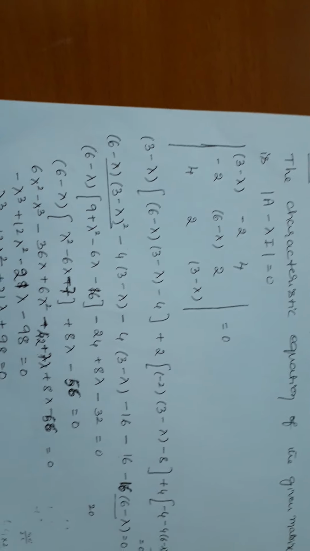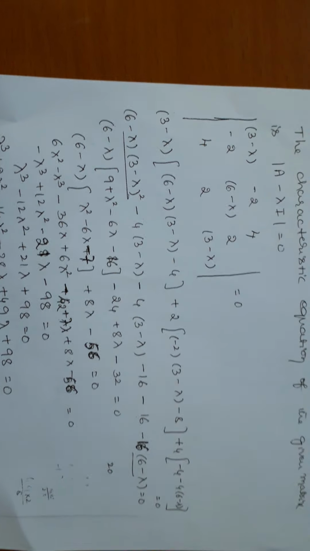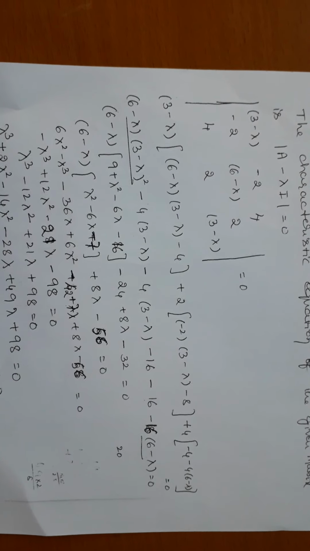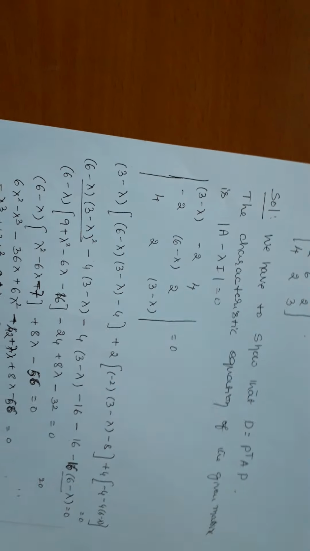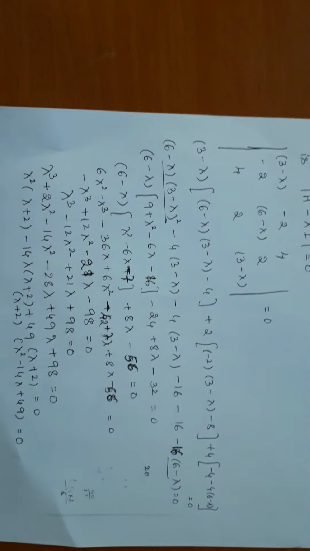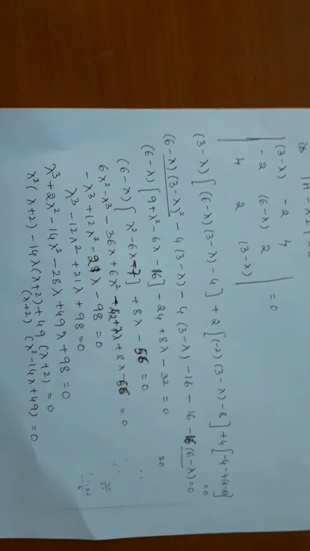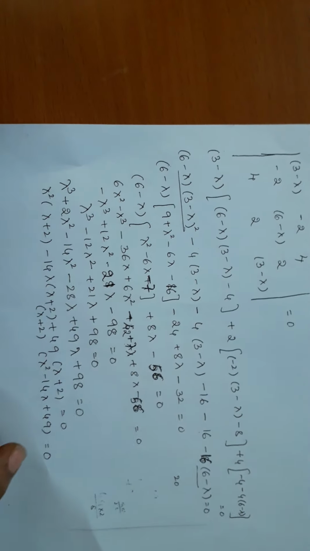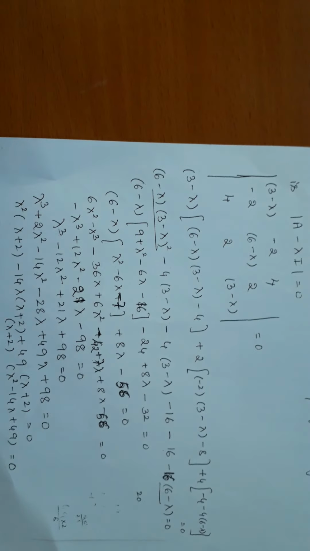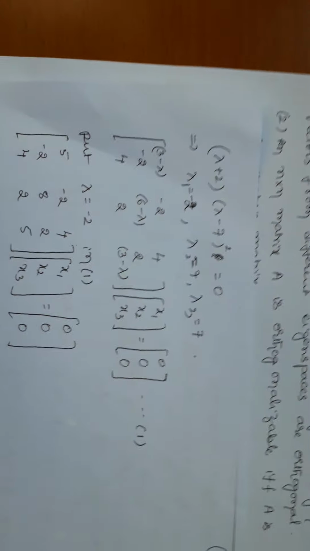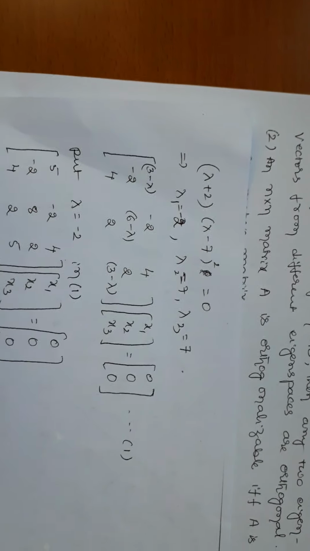You write the characteristic equation in terms of lambda, and then feed it into your calculator, for a V2 based calculator. Then immediately we get the values of lambda 1, lambda 2. I told you already: after this step, if you want, feed it directly into the calculator and we get the eigenvalues immediately. These are the eigenvalues we get.